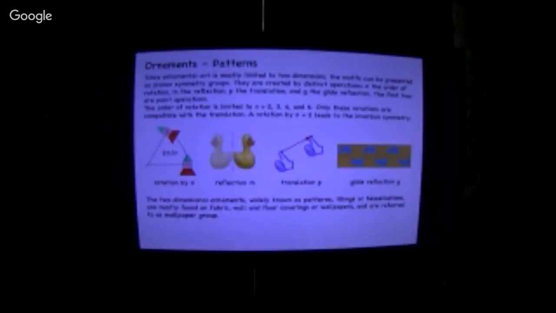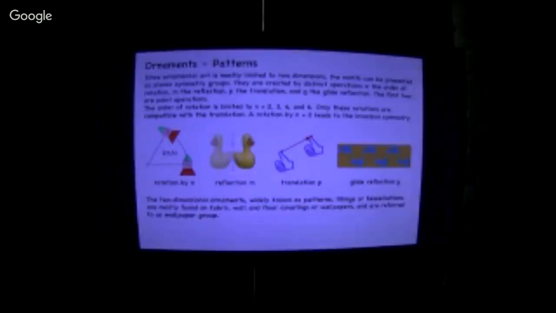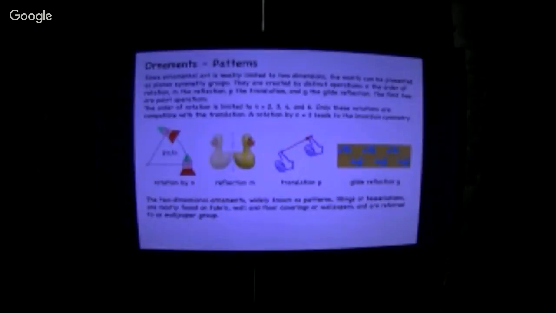But if you look at my shirt, it's a beautiful tessellation. So you find tessellations on fabric, on floors, on walls, and therefore it is called wallpaper group. This whole thing is called by the artists wallpaper group, meaning that we find it mostly, as we have seen this morning, on wallpapers.